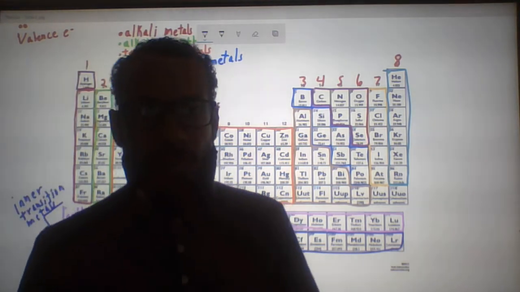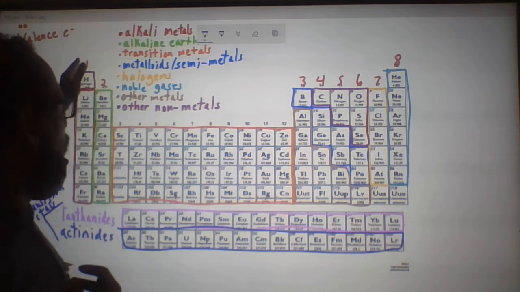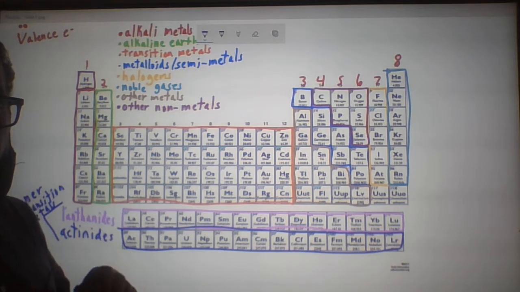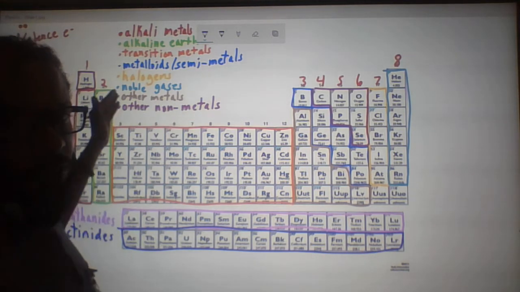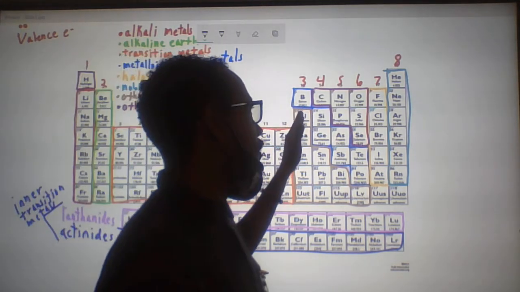And then the next piece of information I can get from our periodic table is the ionic charge. So whether it wants to lose electrons or gain electrons. So my metals, they all want to lose electrons. So on this side, we're going to have positive charges. My nonmetals, they want to gain electrons.